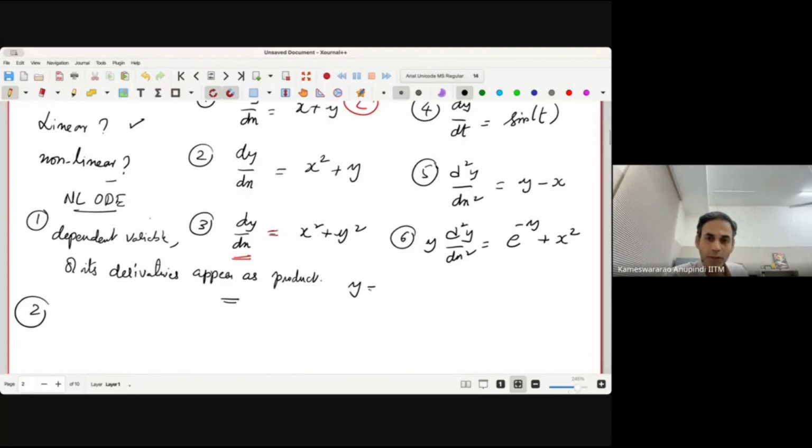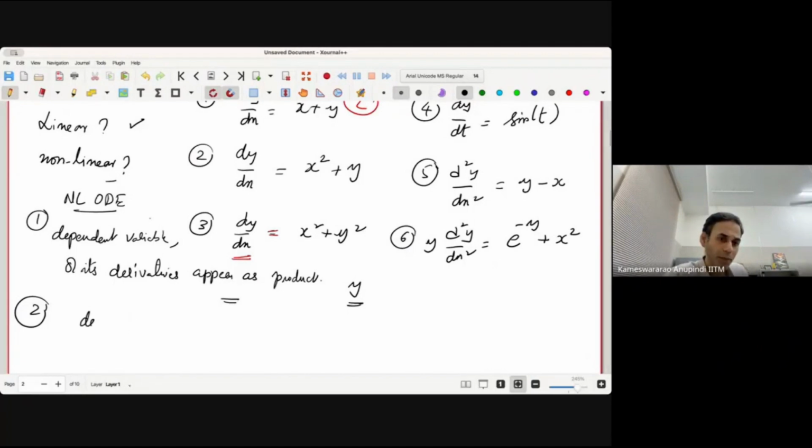We are trying to solve for what is the distribution of y here, right? We're trying to solve for y, and y itself is unknown, and if you have products of those unknowns or its derivatives appearing as certain terms, then we call that a nonlinear term, and we call the equation a nonlinear ordinary differential equation.